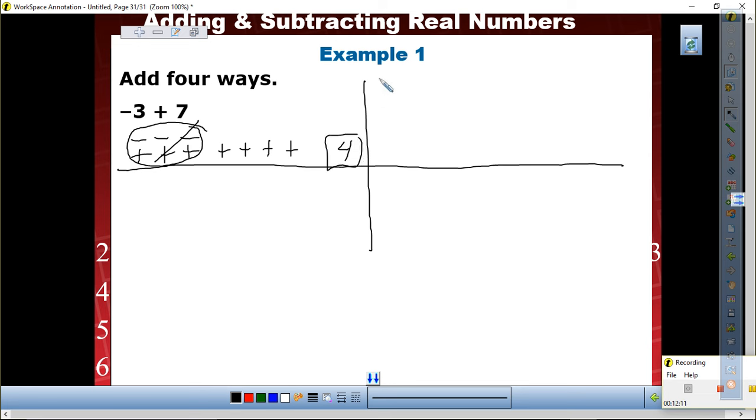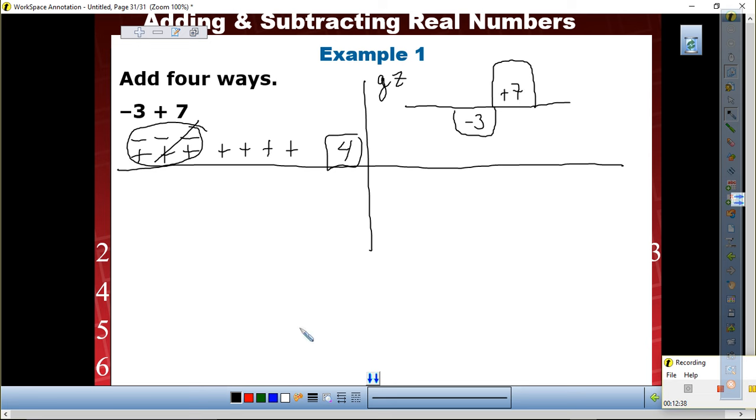The second way is how we started the school year after we watched our video for the additive inverse property. Ground 0. Here's your ground 0. What is the first number? Negative 3. So we dig a hole of negative 3. From there it's positive 7. That means we have how much dirt up here? Very good. 7.